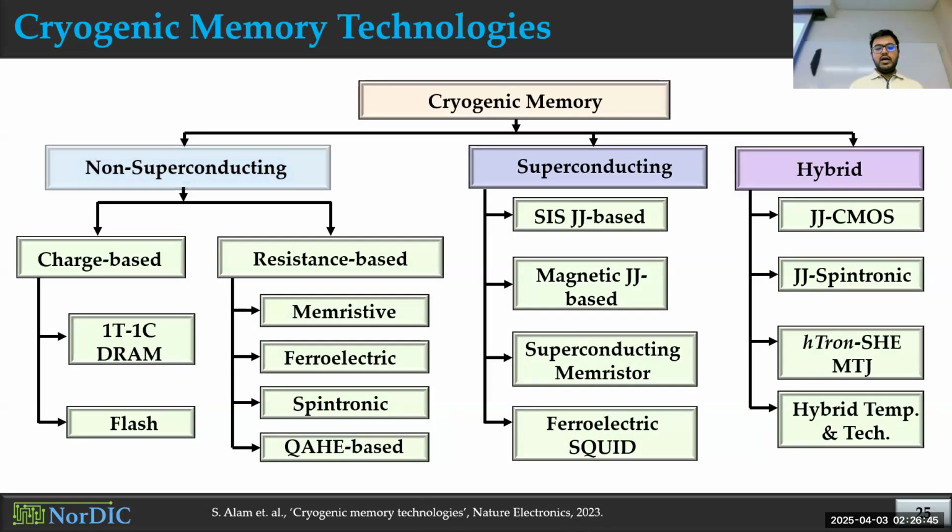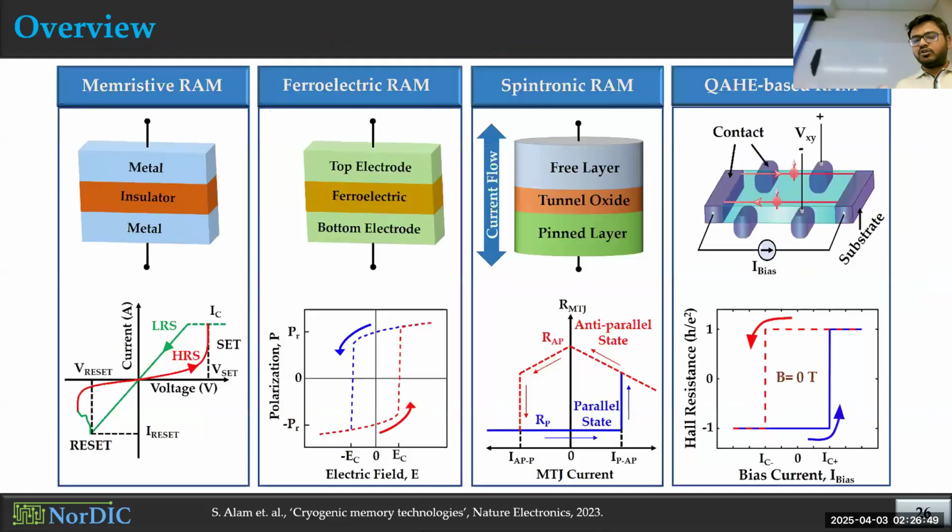So then we will move to the resistance-based memories here, and we will consider these four major technologies. I think, have you learned about the memristor RAM yet? Okay. Then I will talk about memristor RAM, ferroelectric RAM, spintronic RAM, and the final one is the topological memory. The first three are actually again for room temperature.